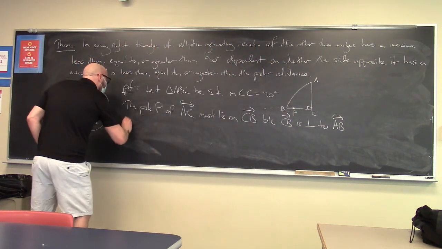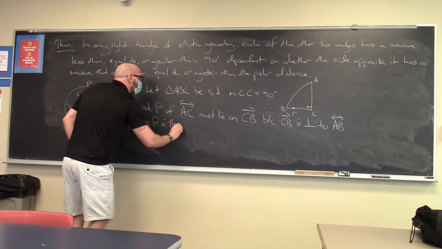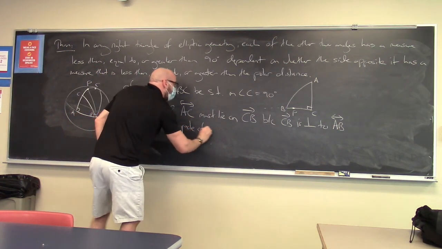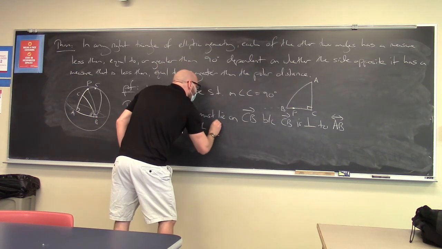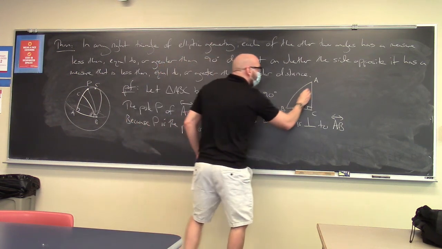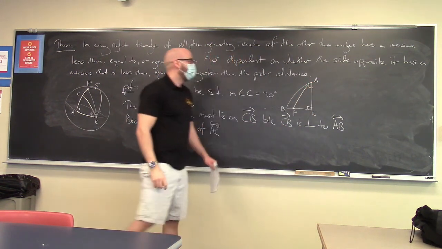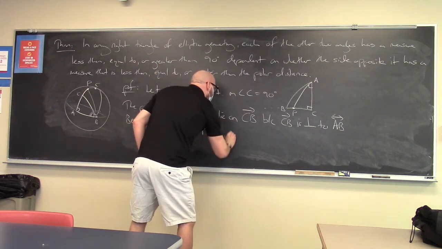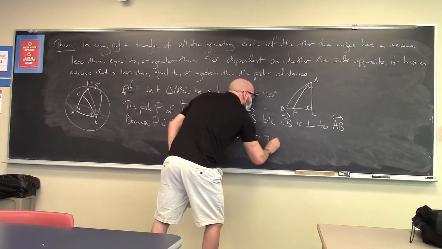And because P is the pole of AC, I know that this angle here is a right angle. The measure of angle PAC is 90 degrees.